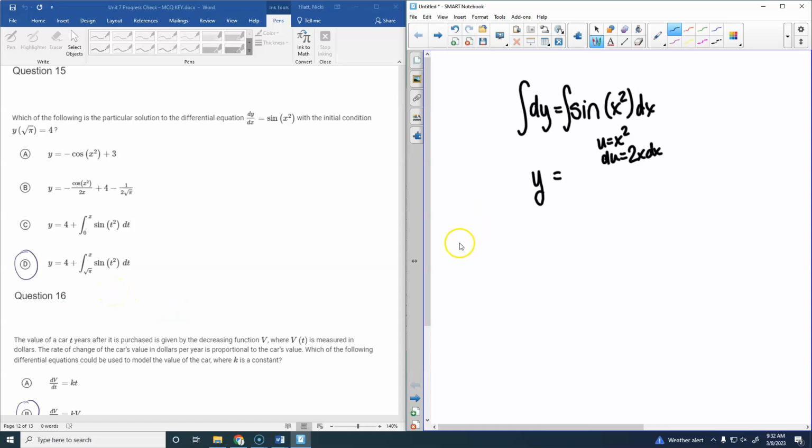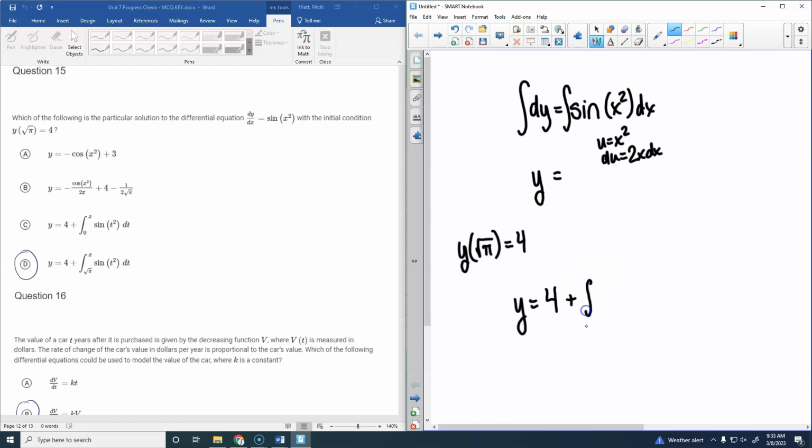They tell us y of the square root of pi equals 4. So the square root of pi is sort of our starting point, right? So if we want to find a value for this, what we can do is we can have y of square root of pi, which would be 4, and then we could add the amount of change from square root of pi to whatever variable we're wanting to plug in.